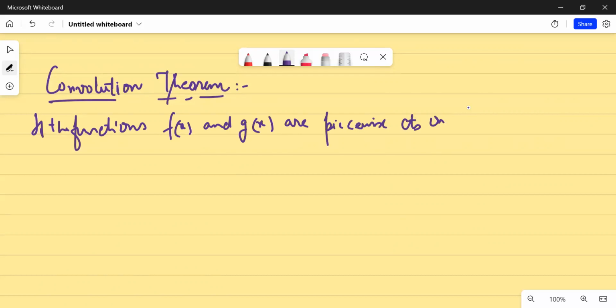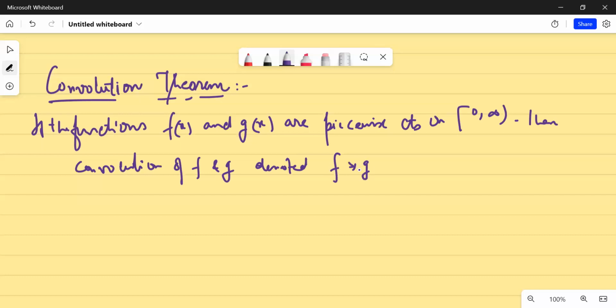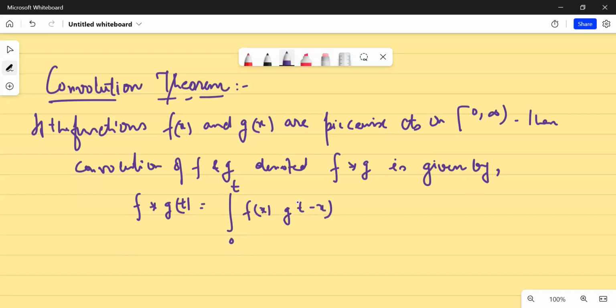continuous on closed 0 to infinity, then the convolution, first let us see what convolution is. The convolution of f and g is denoted by f star g, and is given by f star g as a function of t is simply integration from 0 to t f(x) g(t minus x) dx.